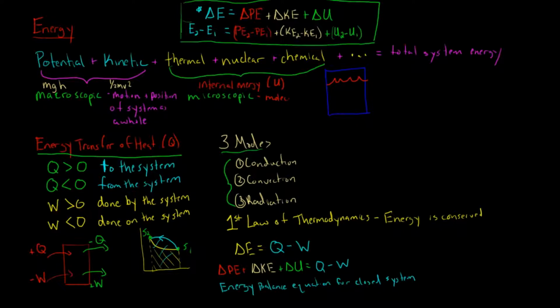So I'm going to define my system like this. It's going to be hot water inside a rigid tank. And we're going to have this paddle in here. This paddle is going to be connected to some type of shaft that's rotating and is going to be performing work on the system. It's going to be doing 100 kilojoules of work on the system.